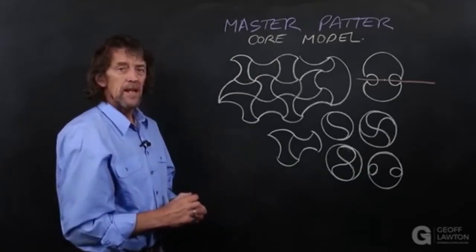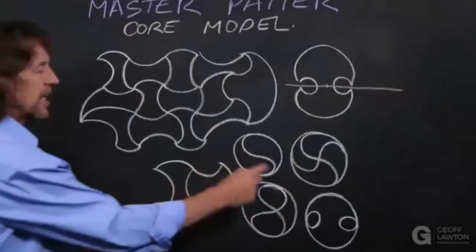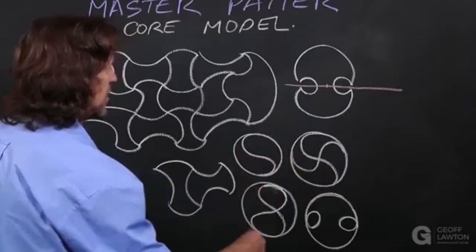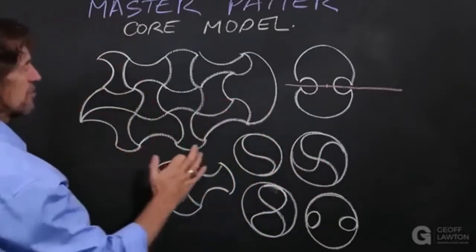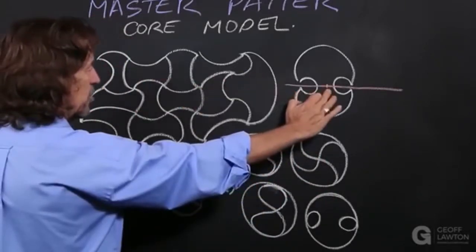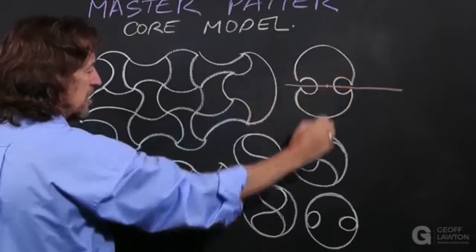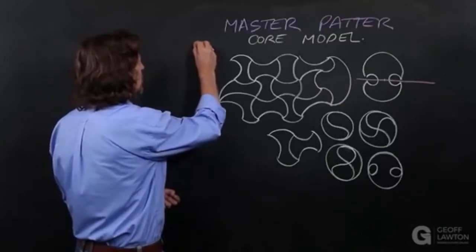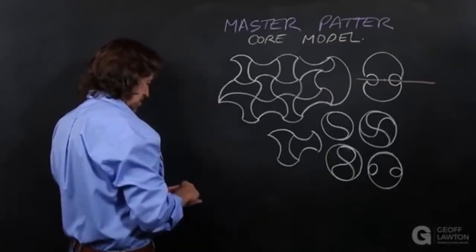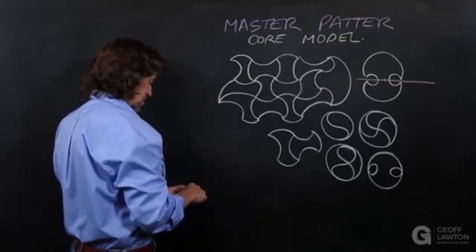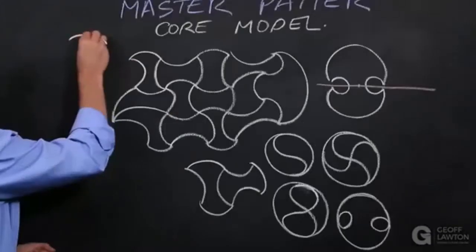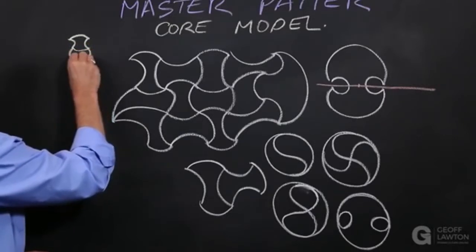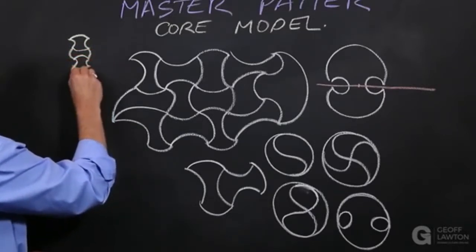So here we can see a very traditional representation. Here we see a tessellation across the surface. There's our core model starting to emerge as we slightly separate this one here. But let's have a look at your backbone and all invertebrates' backbones.